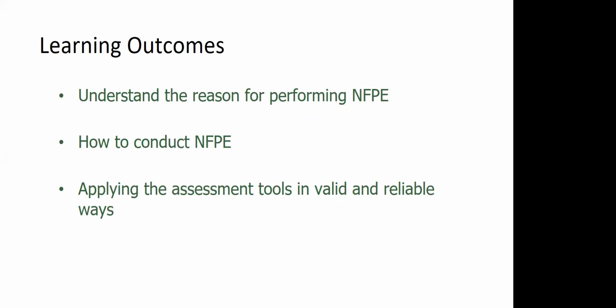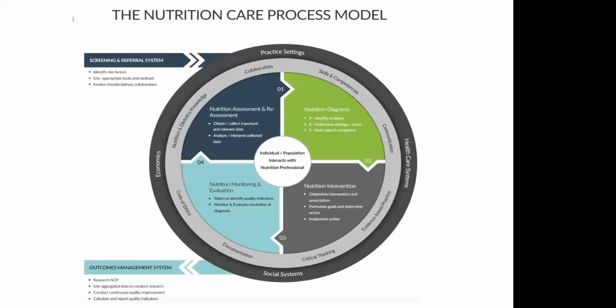Just to start off, here is a summary of what Alexander was talking about in terms of the nutrition care process, which has 4 components: nutrition assessment, diagnosis, intervention, and nutrition monitoring and evaluation. The genesis was way back in 2003 when it was adopted internationally.